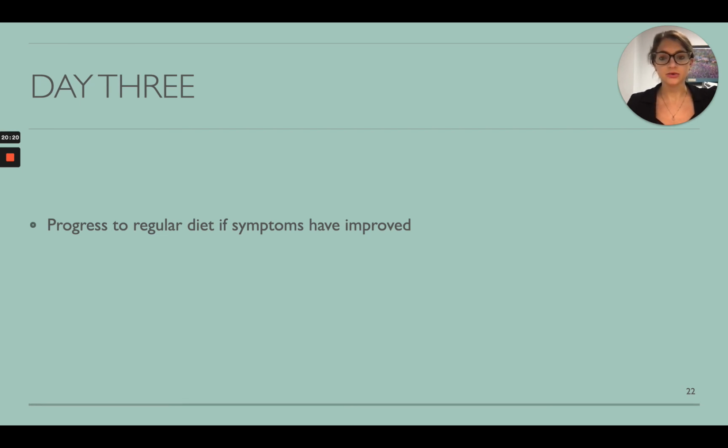We still want to continue with small, frequent meals, especially when adding in some of these higher fat foods, because the high fat content can still cause some irritation. We don't want to overload the stomach with too much fat at one time, so just do small, frequent meals every few hours, again, to see how an individual tolerates food consumption.